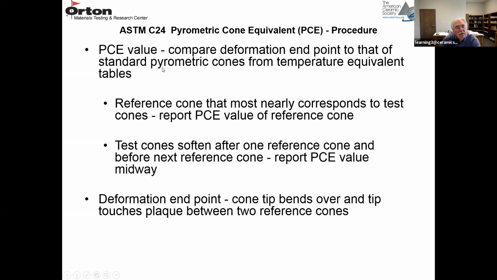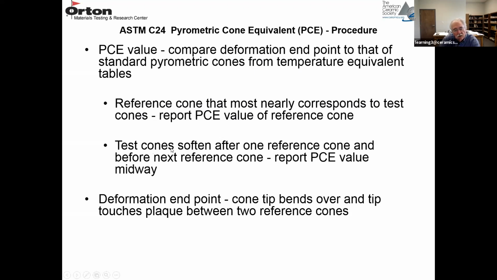So in the PCE value, you compare the deformation endpoint to that of the standard pyrometric cone. And the standard pyrometric cones' deformations are tabulated. So you have a couple of different cases here. If the reference cone nearly corresponds to the test or the unknown cone, you report that PCE value as the value of your unknown sample.